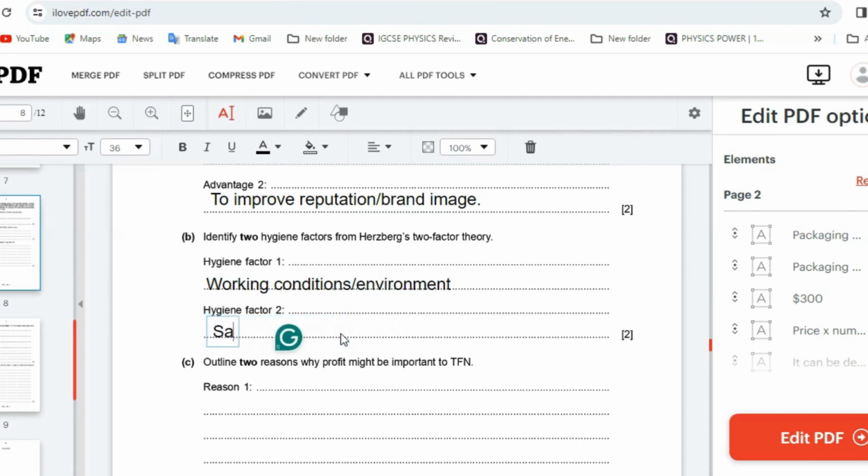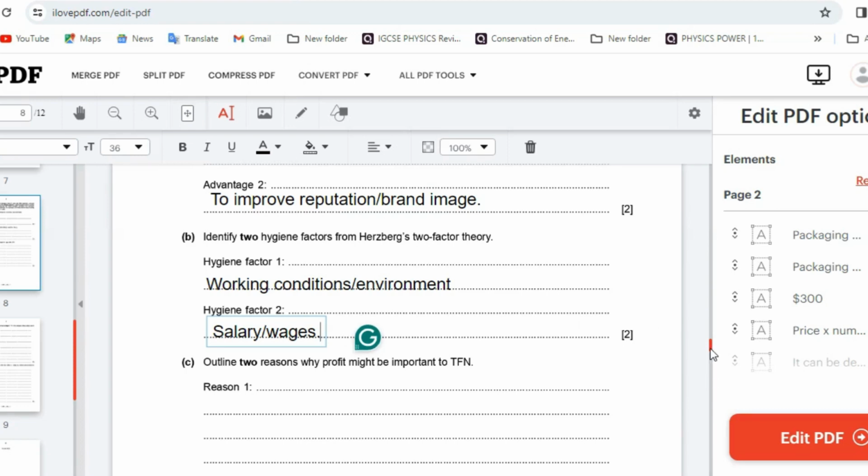The second one is salary or wages that will be paid to employees. Others are job security and relationship with the supervisor. Now let's move to the next question.